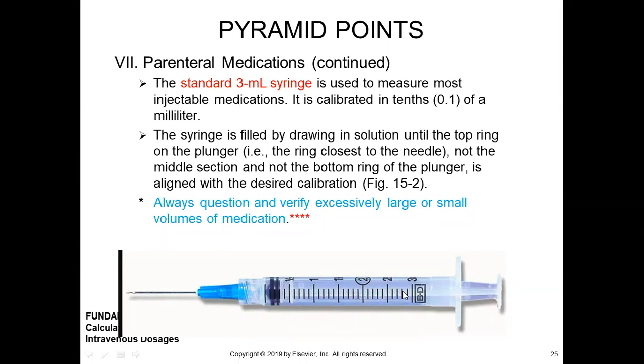This syringe is filled by drawing the solution up to the top ring of the plunger. This is the plunger, and this is the needle. Everybody knows. So always question and verify if there is an excessively large or small volume of medication.